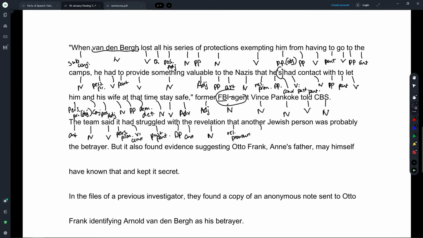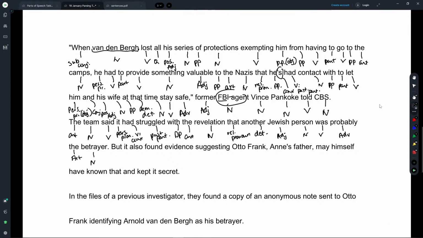Let me briefly check my notes before we do this. No, it's a determiner. Let's see which one of them. It's probably a quantifier. Yeah. Right. So "another" is our determiner, functioning as a quantifier. Jewish, adjective, person, noun, was, verb, probably, adverb, the, article, betrayer, noun.